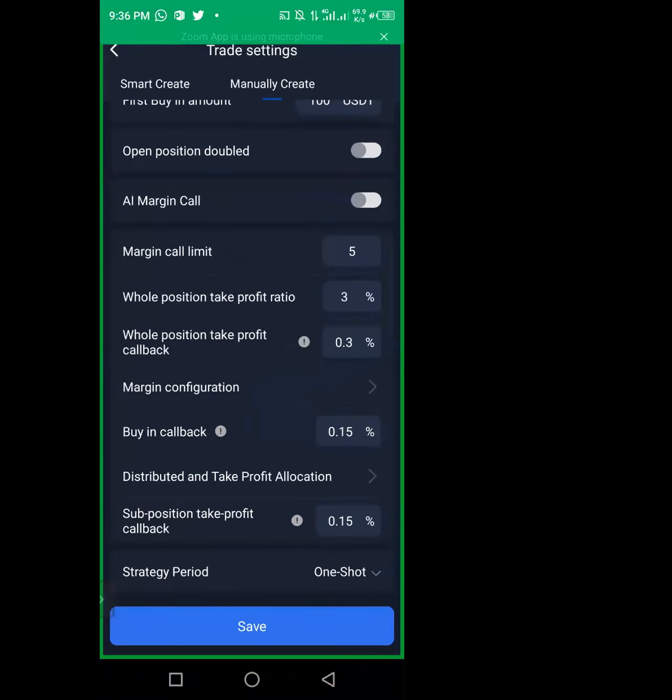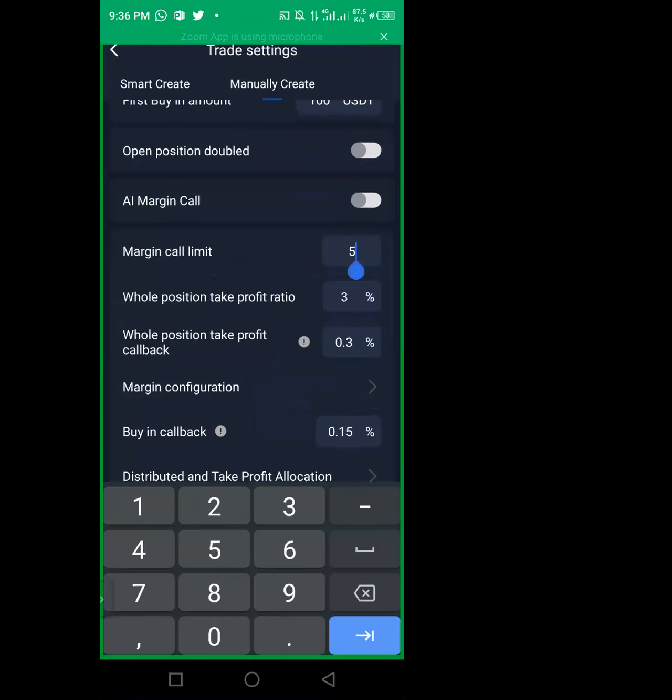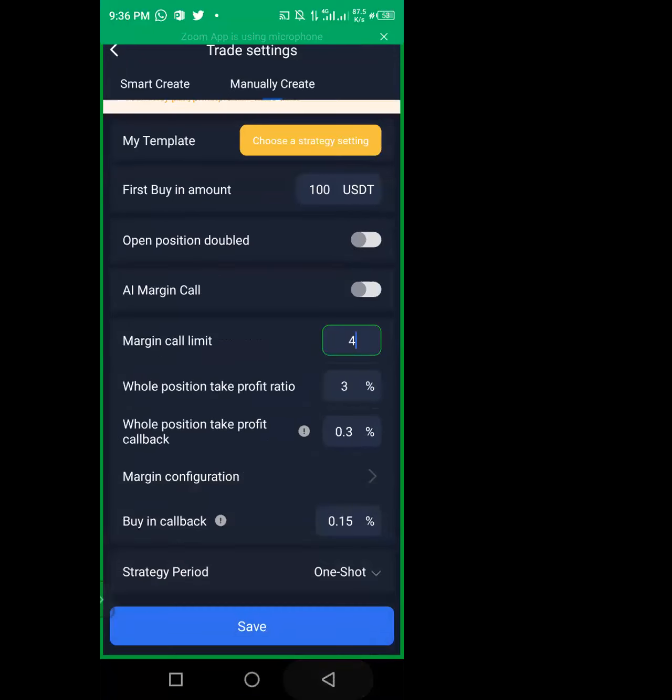Okay, so you can see the difference when we change the margin call limit to 4. The robot will not make profits for you in the dip, or when the coin is retracing downwards, even if it buys your margin 1, margin 2, margin 3, margin 4.